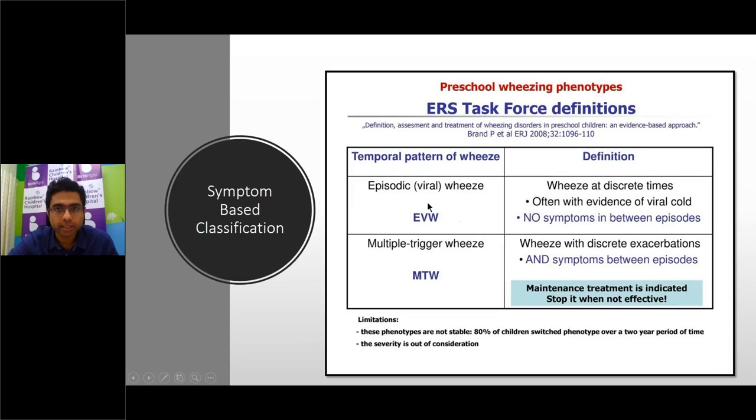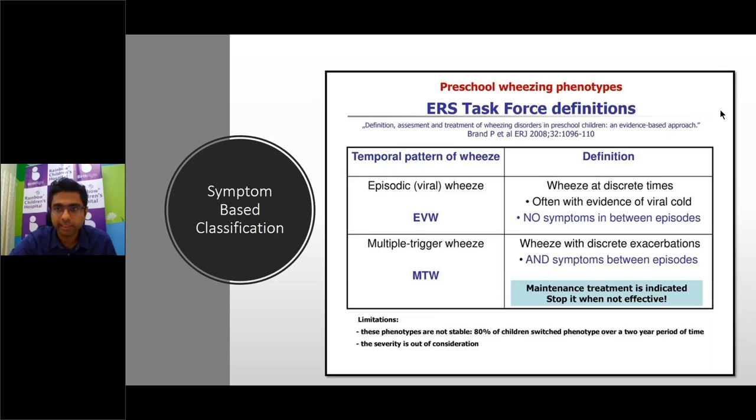The European Task Force classified them as episodic wheeze or multi-trigger wheeze. Episodic wheeze is nothing but discrete episodes which occur only when there is a viral infection. Symptoms usually last less than 10 days, and the interval period is normal. It is usually not more than 3 episodes in a year.